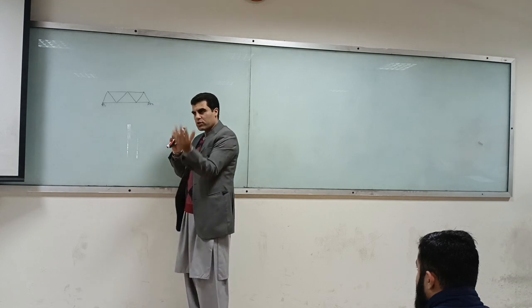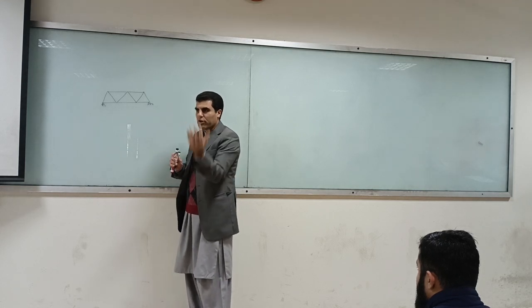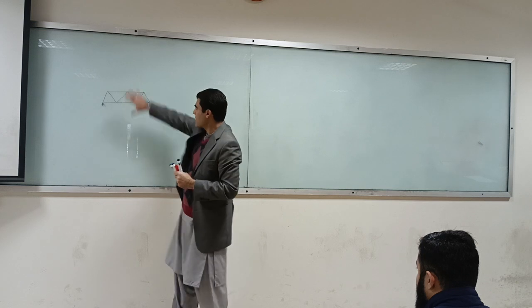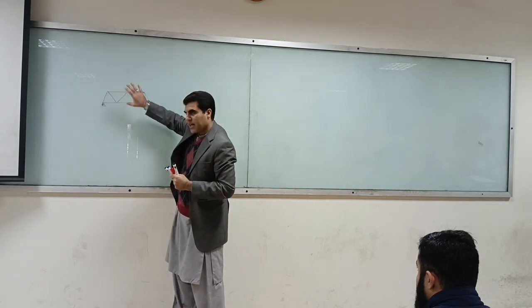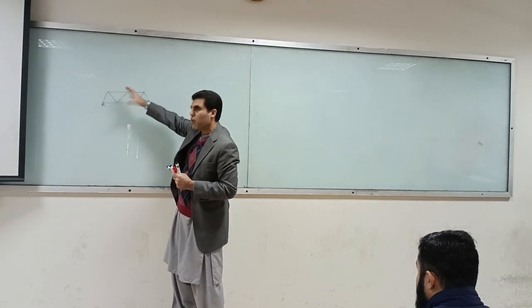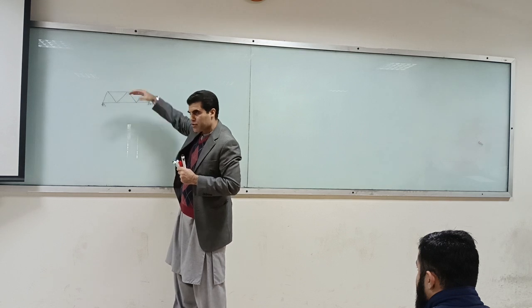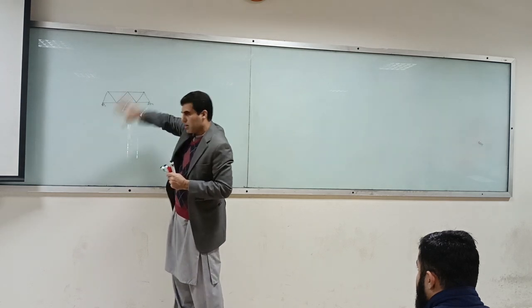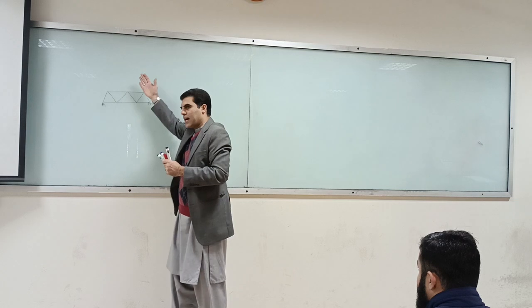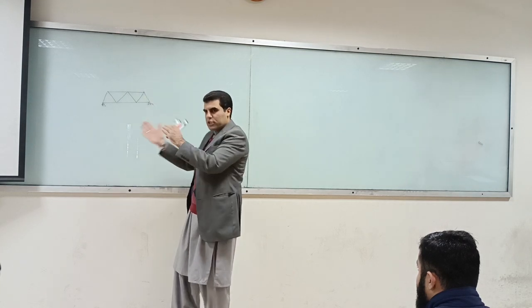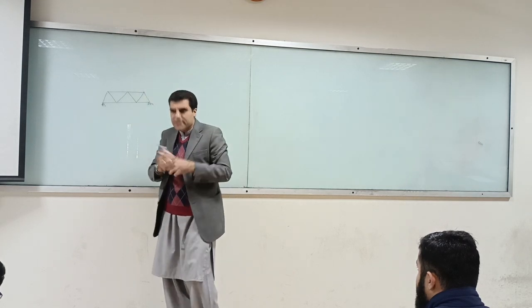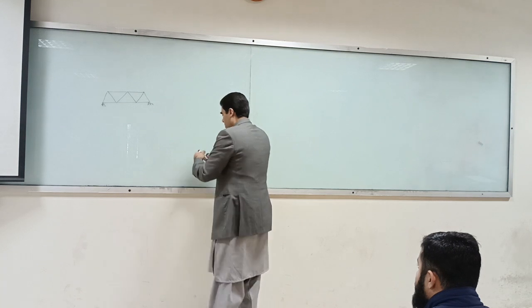So they don't allow it to fall out of plane. Or in other words, out of the paper or into the board, this structure is unstable. So you must have a structure on this side and on the other side in order to make it stable. Okay, so what do we mean?